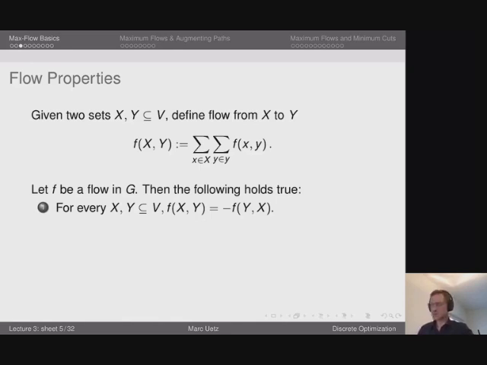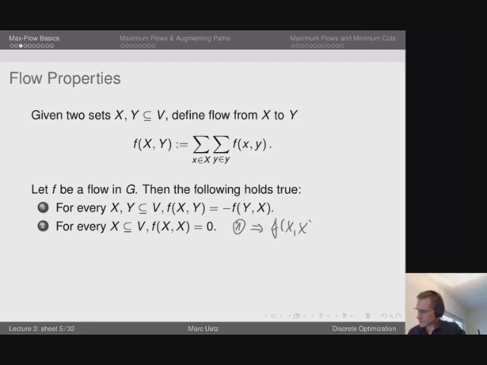First of all, by skew symmetry, the flow value from set X to set Y is just the negative of the flow value from Y to X. That should be clear. Then from this observation, we can immediately conclude that the flow value from a set X to itself must be equal to 0, simply because we get from 1 that flow from X to X is equal to the negative of the flow from X to X. So hence it must be equal to 0.